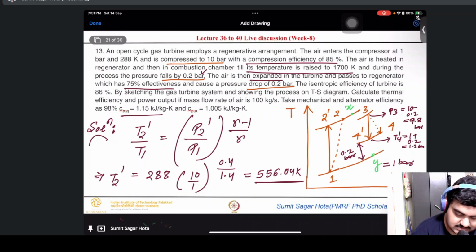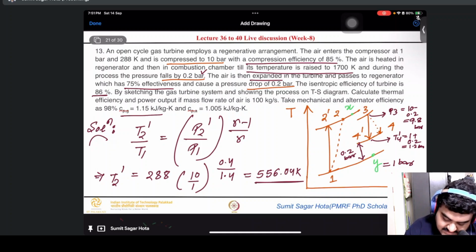This question is a little bit confusing. Don't directly consider regeneration, because the isentropic efficiency of the turbine is also given. If it is not given, then directly consider the effectiveness of the regenerator. So don't confuse effectiveness and efficiency.